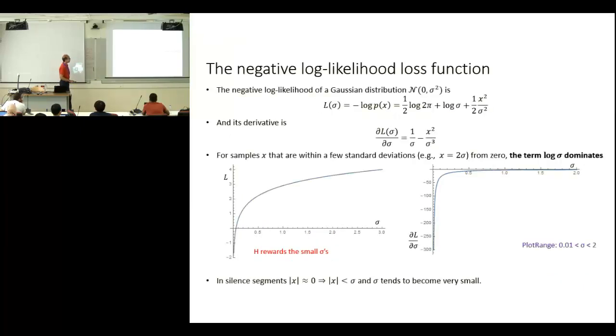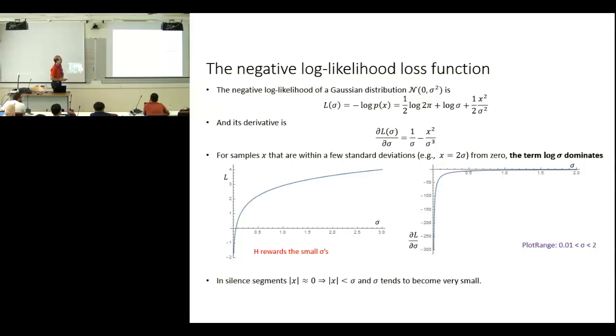If we see the negative log likelihood function, let's suppose for simplicity that the output is a simple Gaussian with a mean and a scale parameter, the variance.